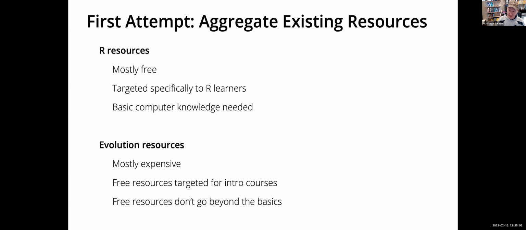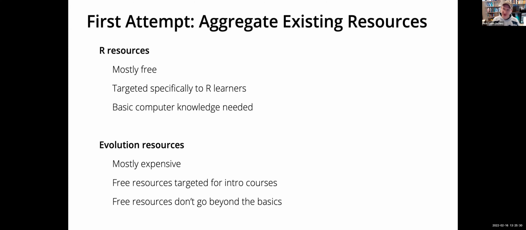And fairly quickly, I experienced some roadblocks. While the R resources were mostly free, and there are lots of excellent textbooks that you can download for no money, they also require quite a bit of computational knowledge, and they're not really good at picking up students at the level that I'm working with. So that was one issue.